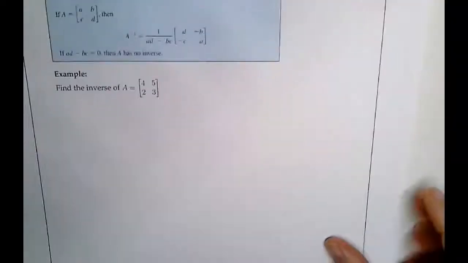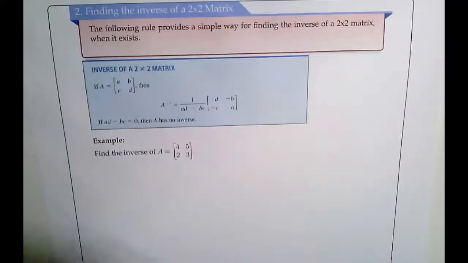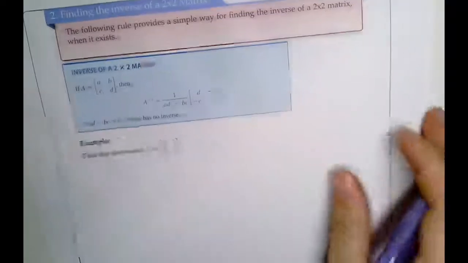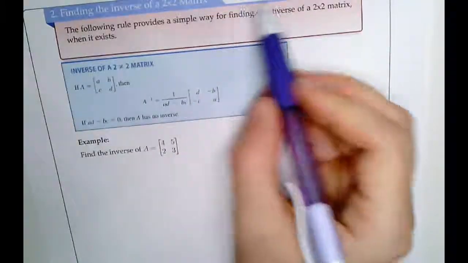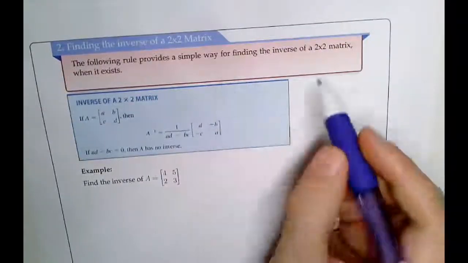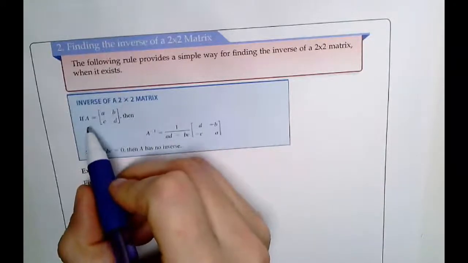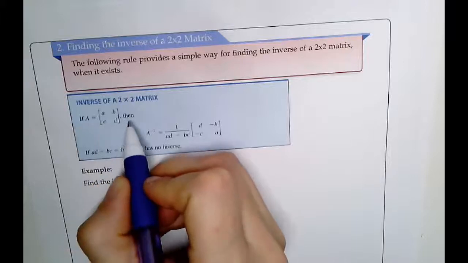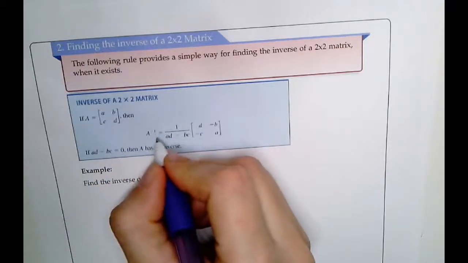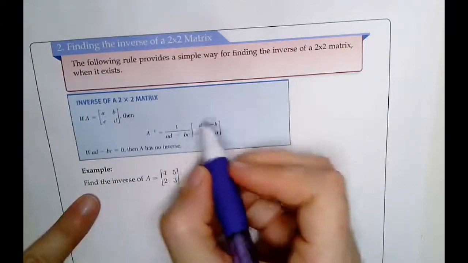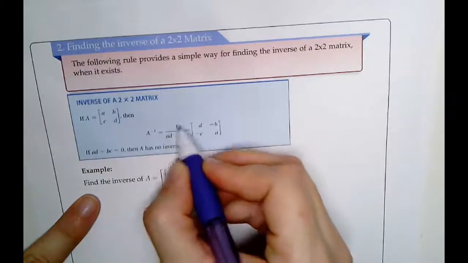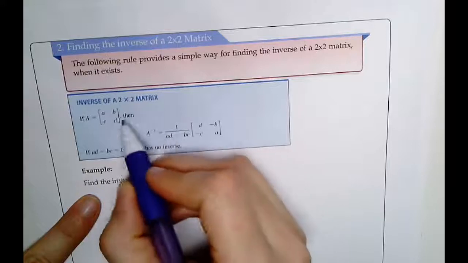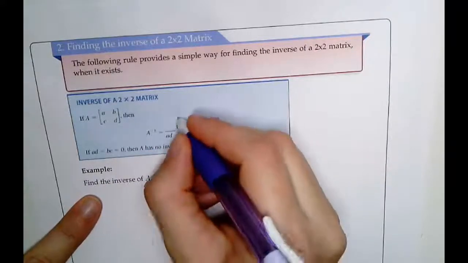All right, then let's see how to find the inverse. The example gave you the inverse and just asked you to verify that they're inverses of each other. So if we have a 2 by 2 matrix, to find the inverse, there is this rule. If your matrix is a 2 by 2, it's going to have 4 entries: a, b, c, d. Then the inverse, A to the negative 1, is going to be 1 over this number: you take A times D, and then you subtract B times C. That's just a number.